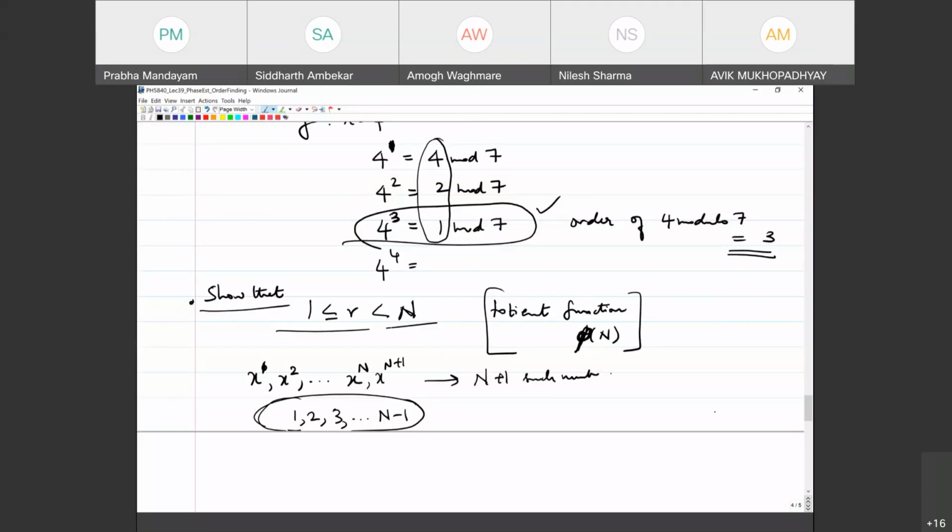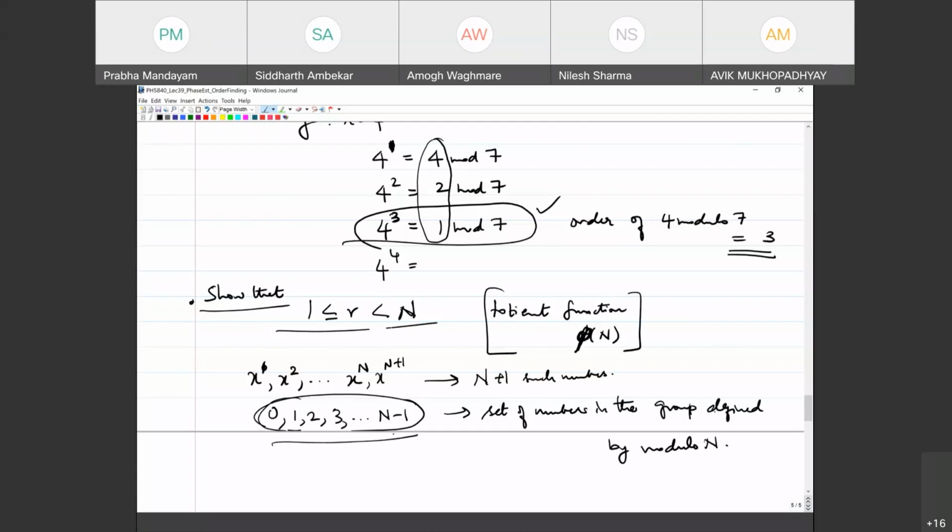And if I go from 0 to n minus 1, this is the set of numbers in the group, right? There's a kind of multiplicative group defined by the modular arithmetic with respect to n, right? So these numbers only circulate from 0 to n minus 1.